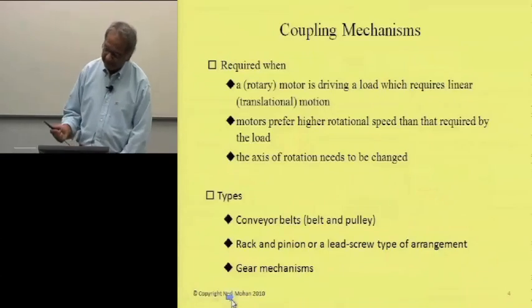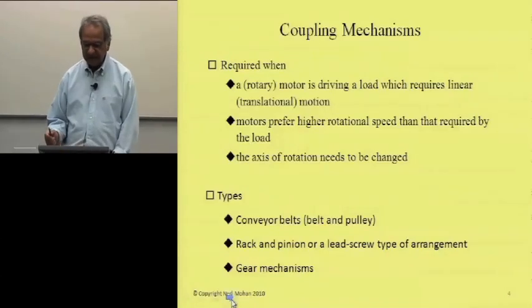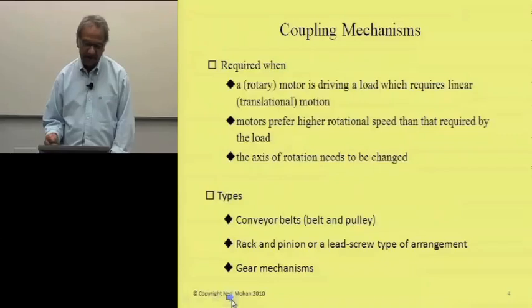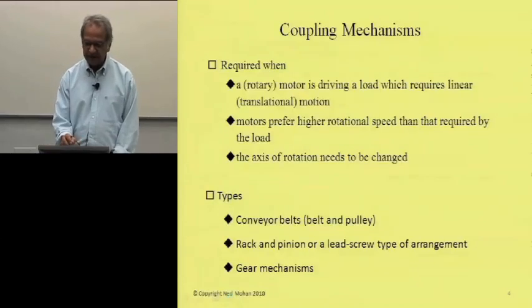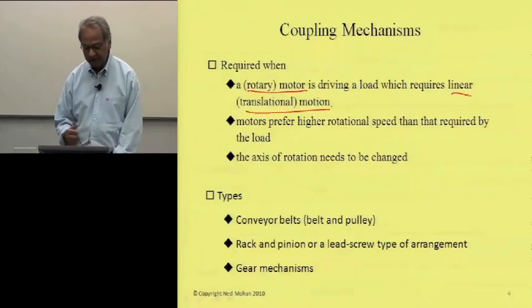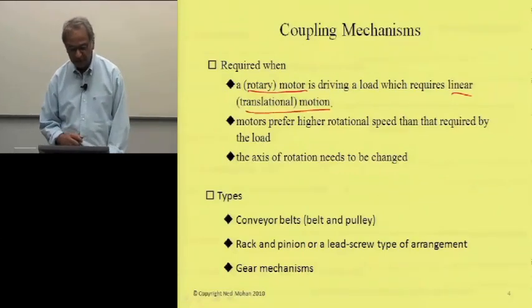Okay. Let's move on to coupling mechanisms. These are required when, for example, this motor is driving a load, the motor is rotary and this load is linear, so we need to convert rotary motion to linear motion.